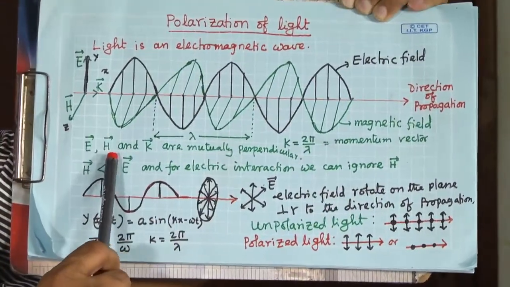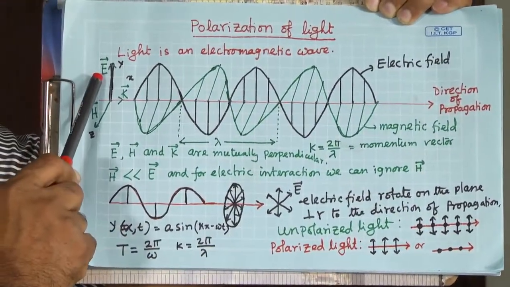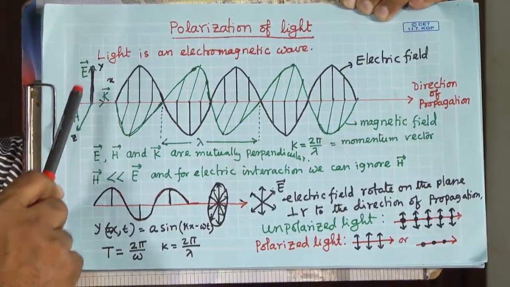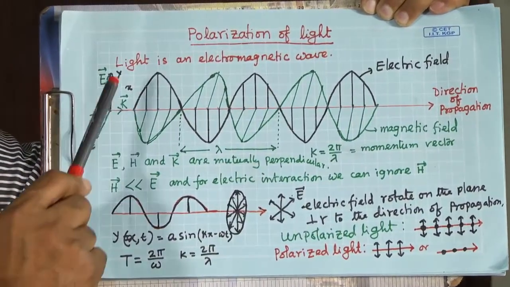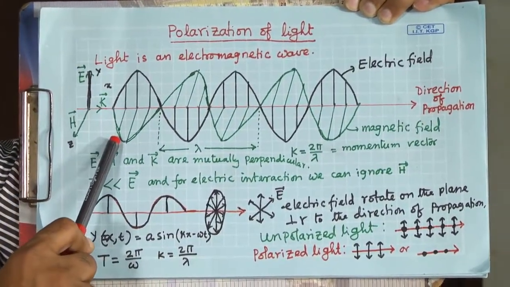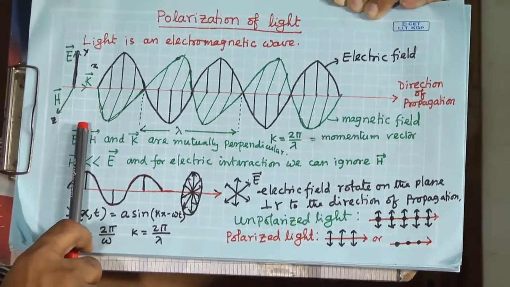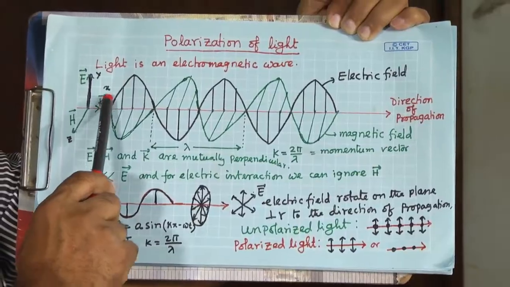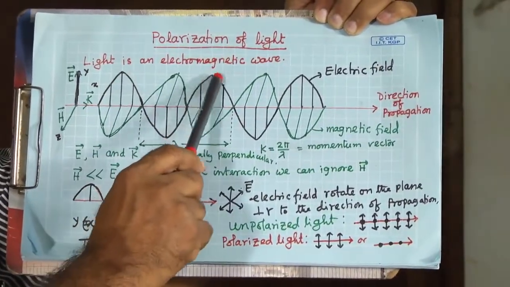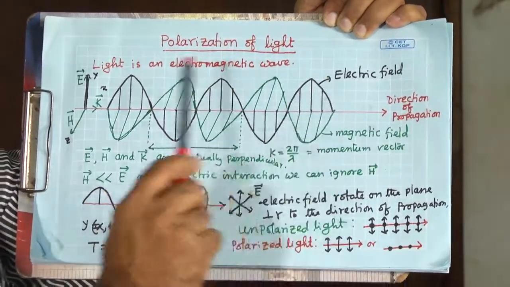That means the electric field component, magnetic field component and direction of propagation are mutually perpendicular, right. So, this is the electric field component, okay.